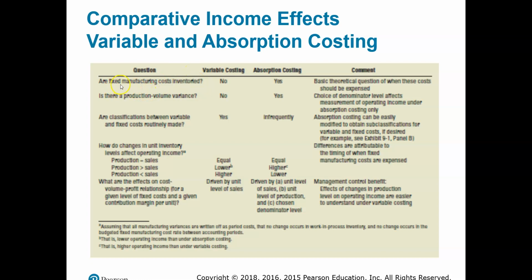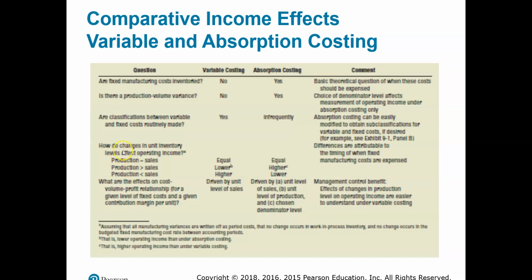Under variable costing, fixed manufacturing costs are related to capacity, and they really are. So we want to use variable costing for certain decision-making processes that we're involved in. When there's absorption costing, fixed manufacturing costs should be expensed as cost of goods sold because it is tied to production.